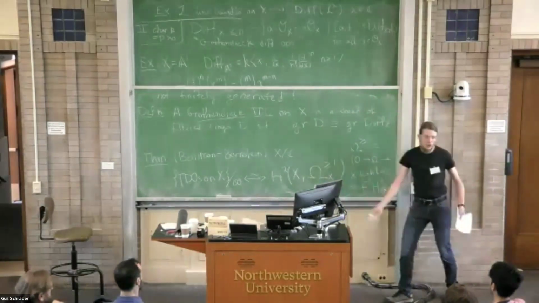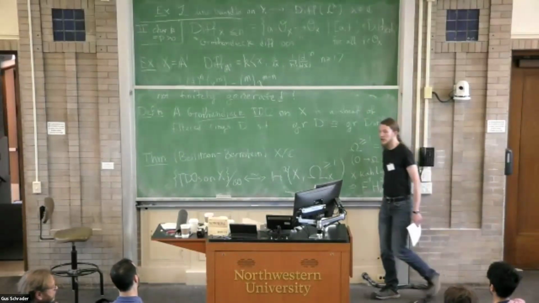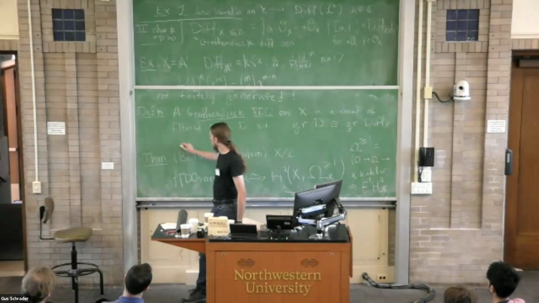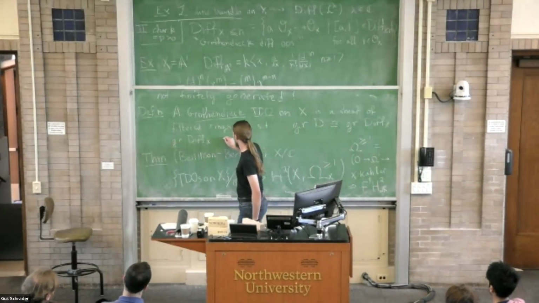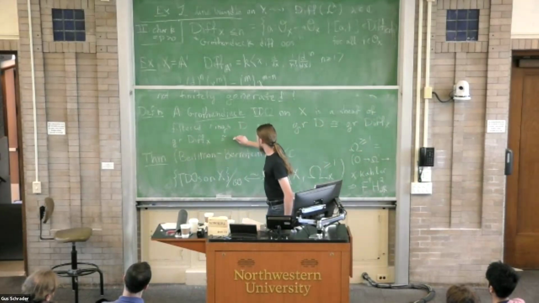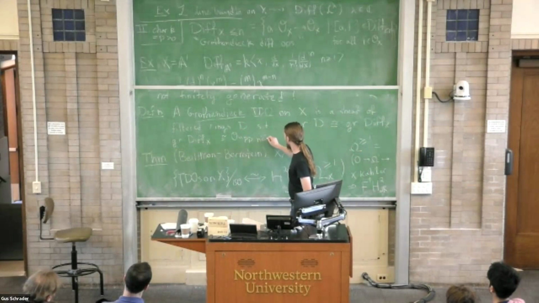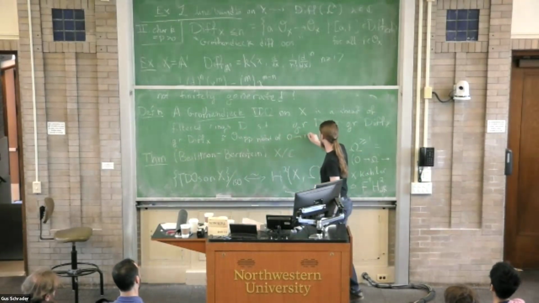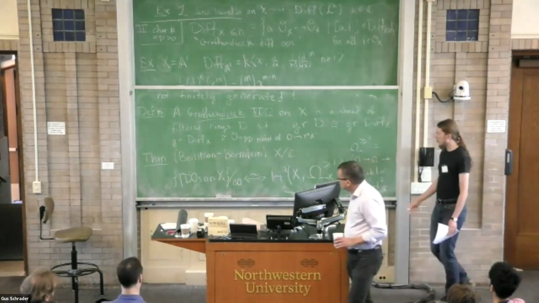The associated graded will involve divided powers of the cotangent coordinate, and that's true in general. This associated graded of differential operators on X is functions on the PD neighborhood of the zero section in the cotangent bundle of X. PD being divided powers.